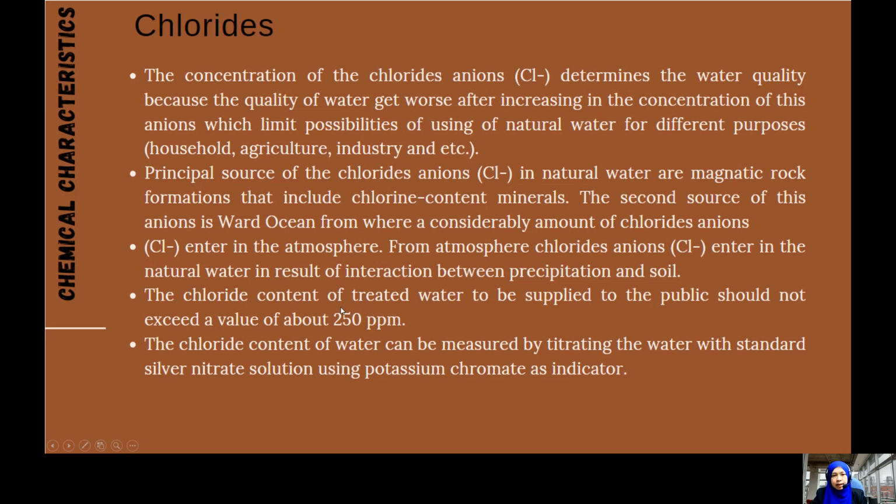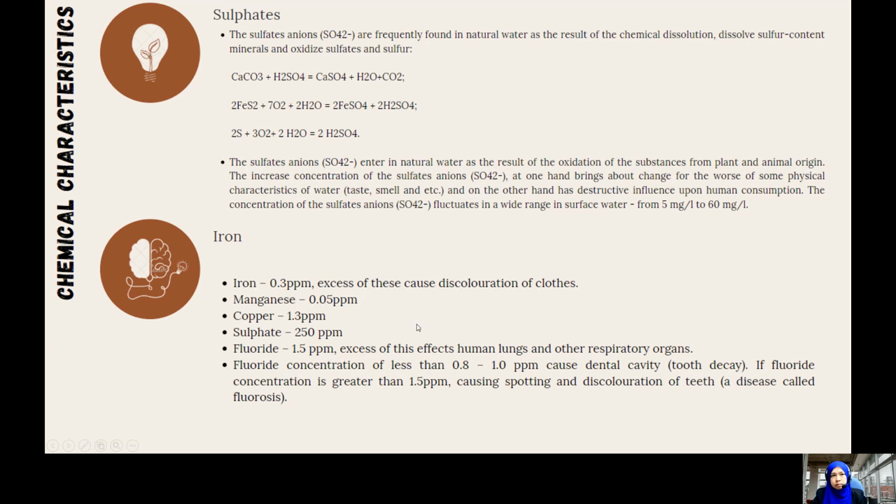The chloride content of treated water supplied to the public should not exceed a value of about 250 ppm. The chloride content of water can be measured by treating the water with standard silver nitrate solution using potassium chromate as indicator.